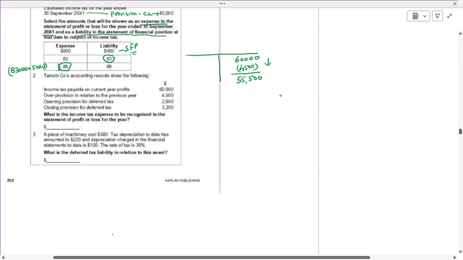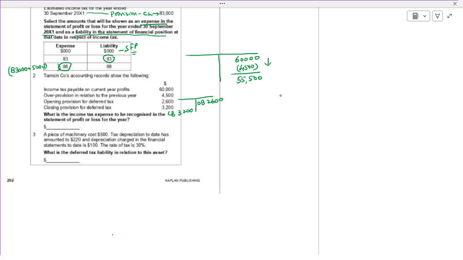See the thing, it is a liability. Opening balance is 2,600. Closing balance is 3,200. Means how much is the difference?